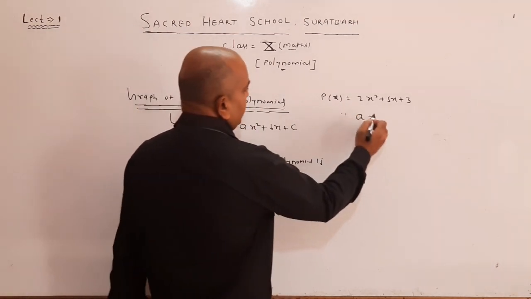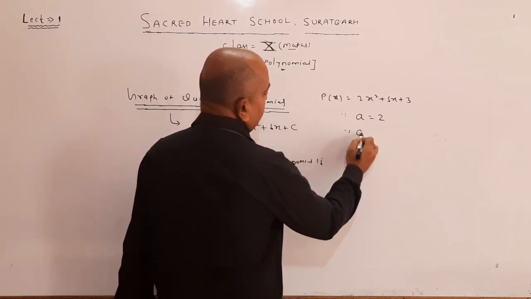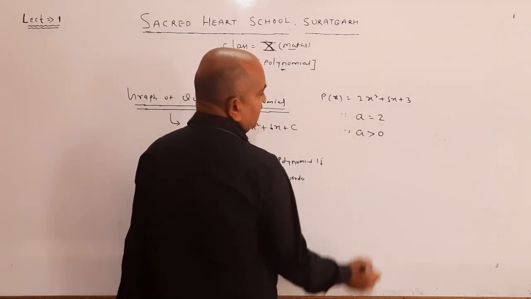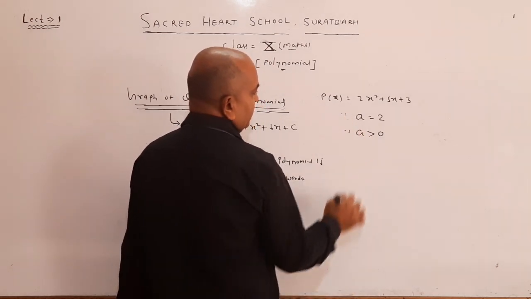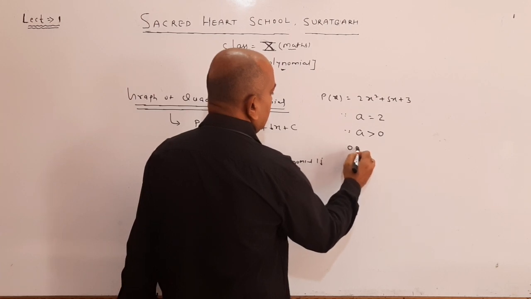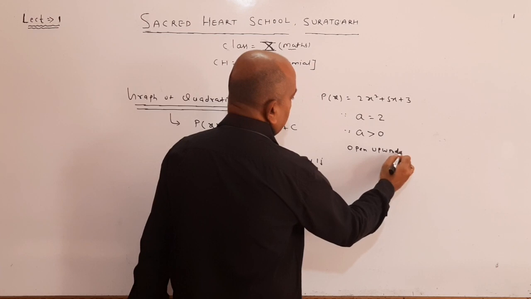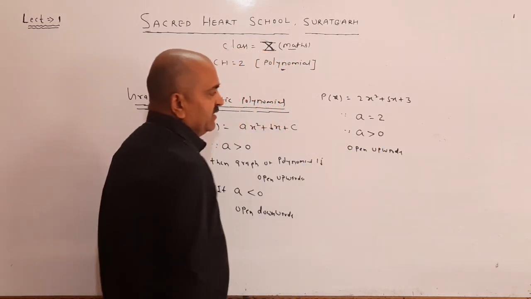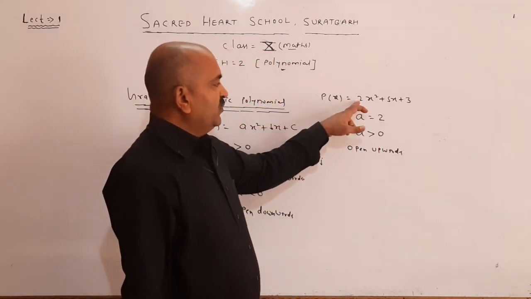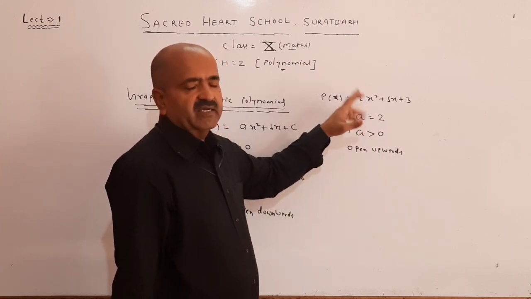So a is 2, and this value is greater than 0. It means the graph of this quadratic polynomial is which type? Open upward. Students, generally if this value is positive, then open upward.